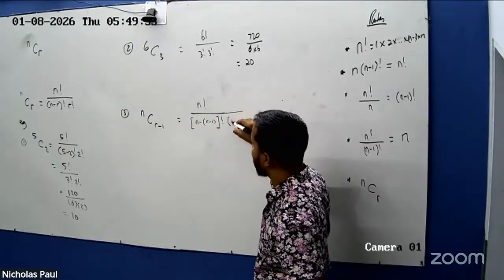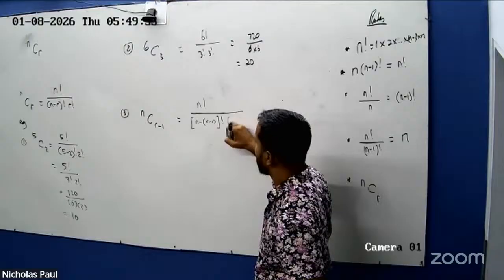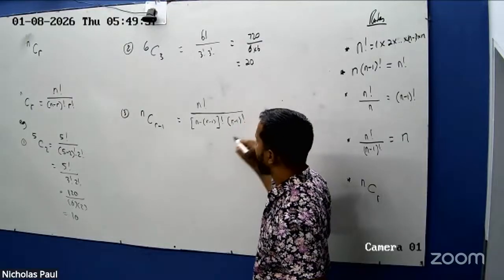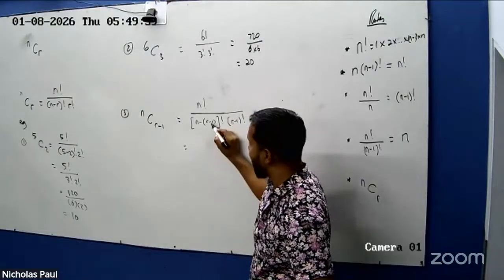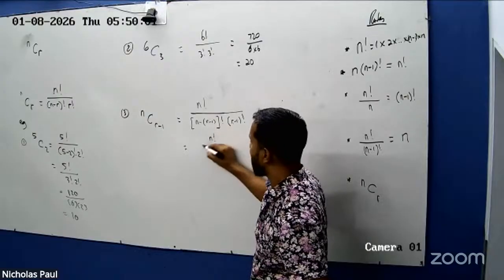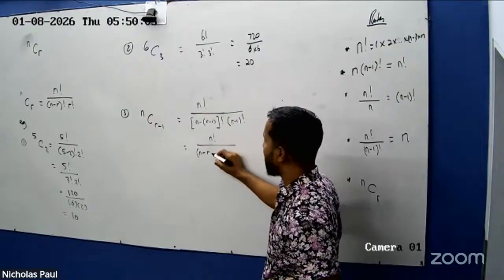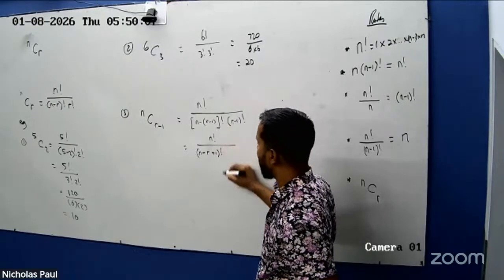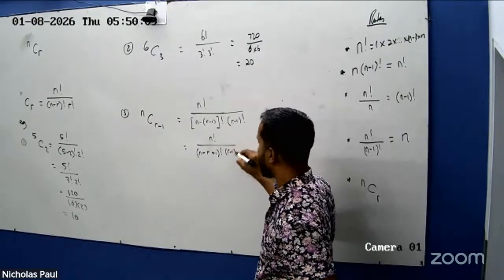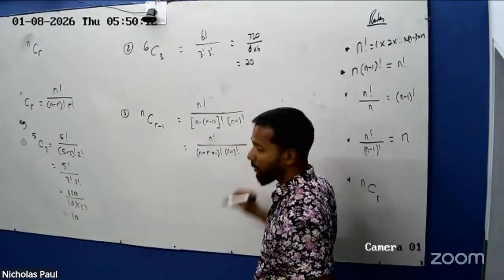Factorial by R minus 1. So your final answer will not be minus, it will be what? Plus. So it will be N minus R plus 1 factorial by R minus 1 factorial.